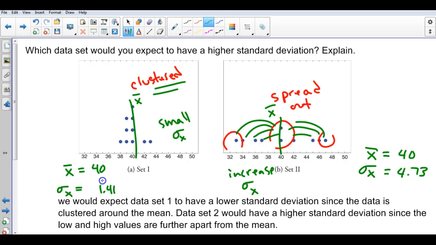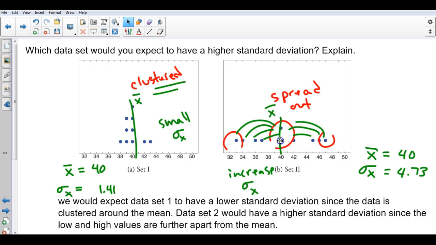So let's say I'm a teacher and I'm going to give a test to a class and I want my students to perform pretty similar to each other. I don't want their scores really spread out. What that would mean is that I would want a lower standard deviation. So I would want my students to perform like this, which means that nobody scored very low, nobody scored very high. It means that everybody is clustered together. Versus if I had something like this, it means that my data is really spread out.